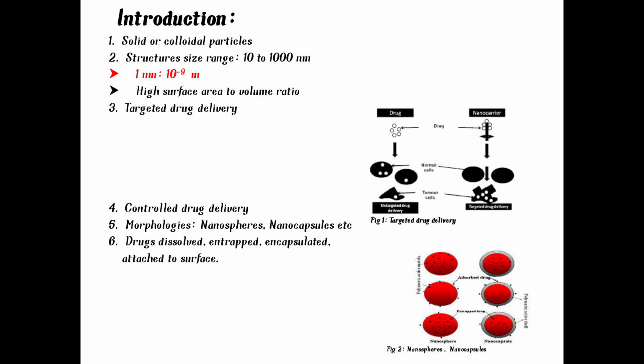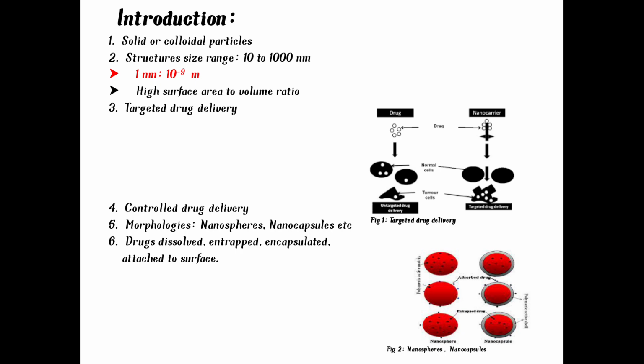In figure 1, that is targeted drug delivery, we can see there are two figures. The left side is the conventional dosage form, and the right side is the nanoparticle. In conventional drug delivery, the drug is in a dosage form like tablet or capsule, and is administered.